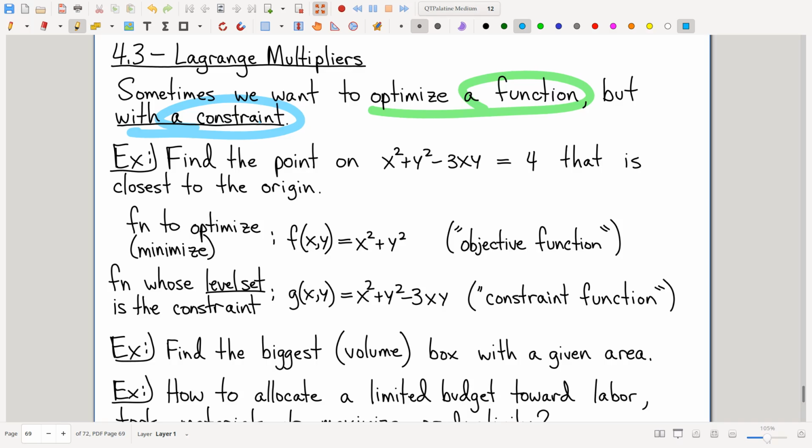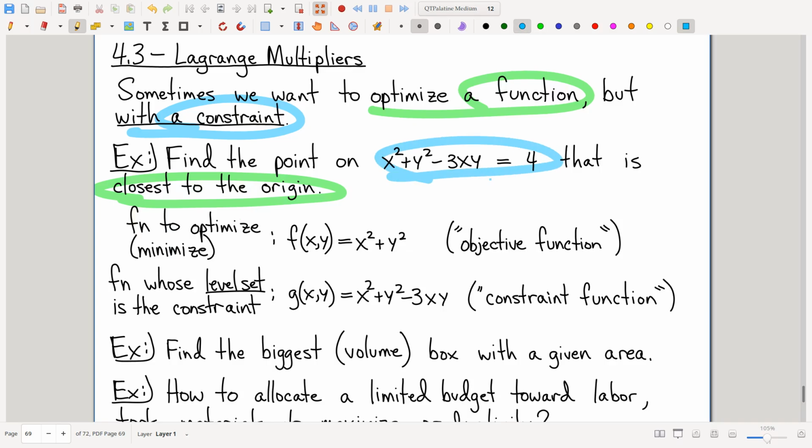So, for example, you want to find the point closest to the origin. I want to minimize distance to the origin. Well, the origin is the point closest to the origin. Seems like a simple question until you look at the constraint. No, the origin is not allowed.